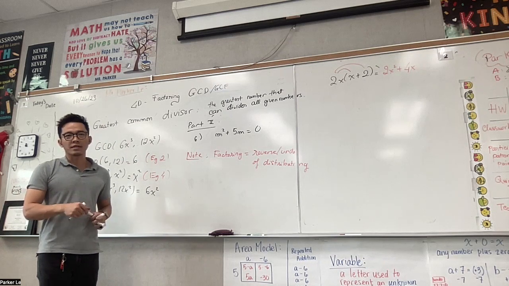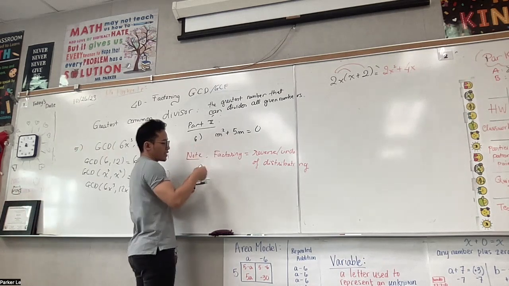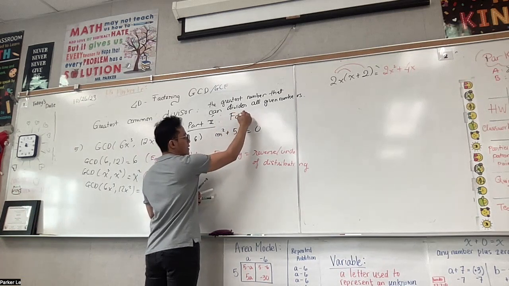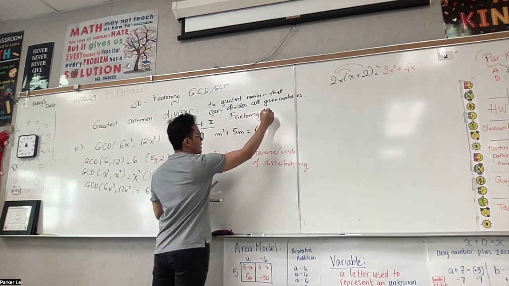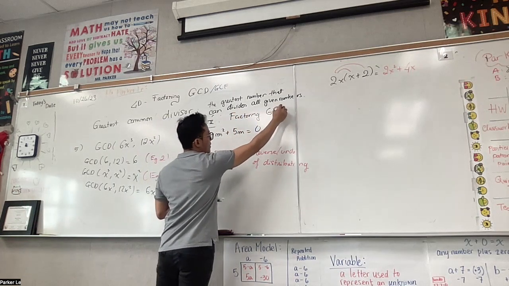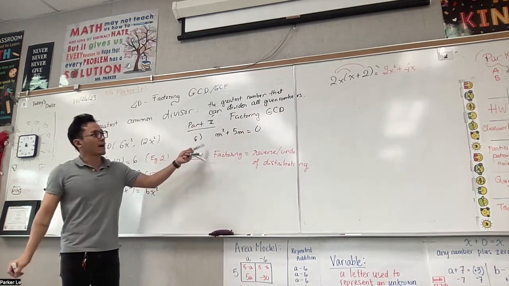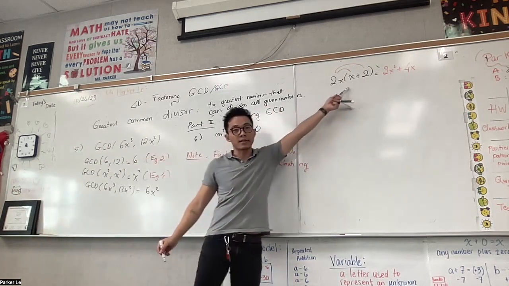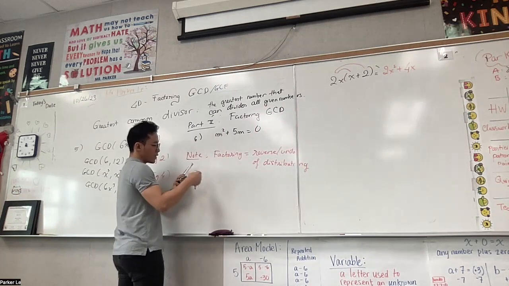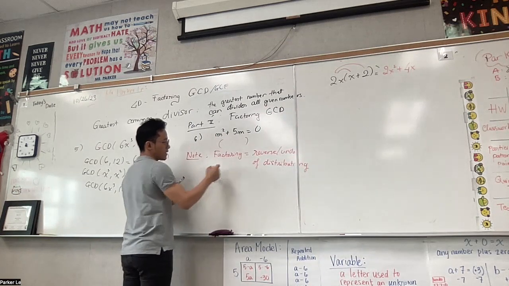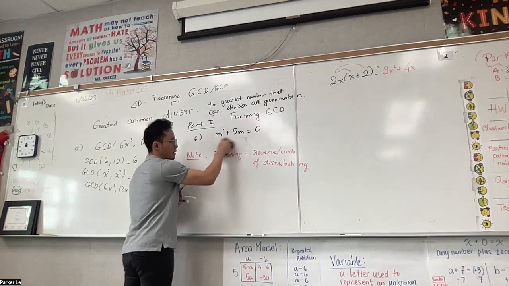So you will go backward. If I ask you to factor, in this case it's going to be factoring by GCD, that means you need to give me back the parentheses. So you need to give me back something like this with the parentheses.